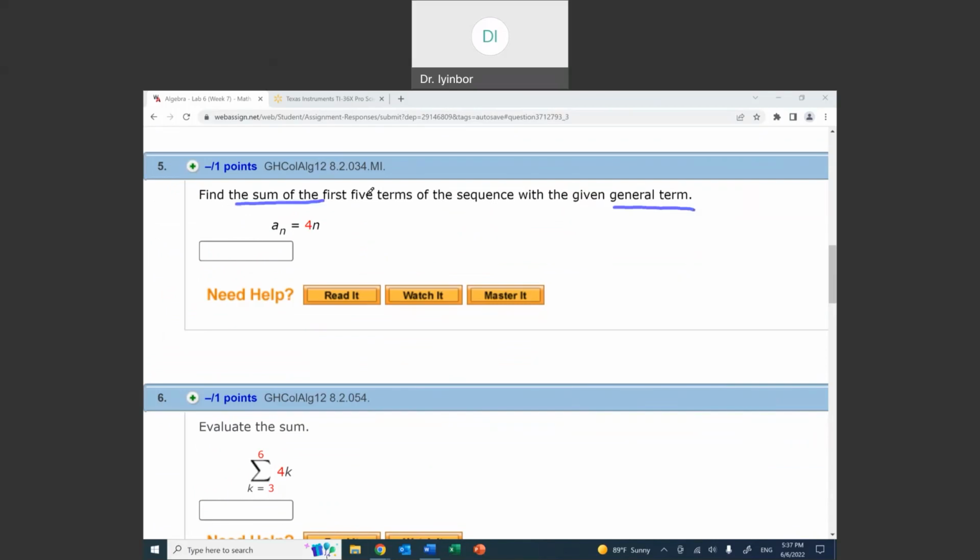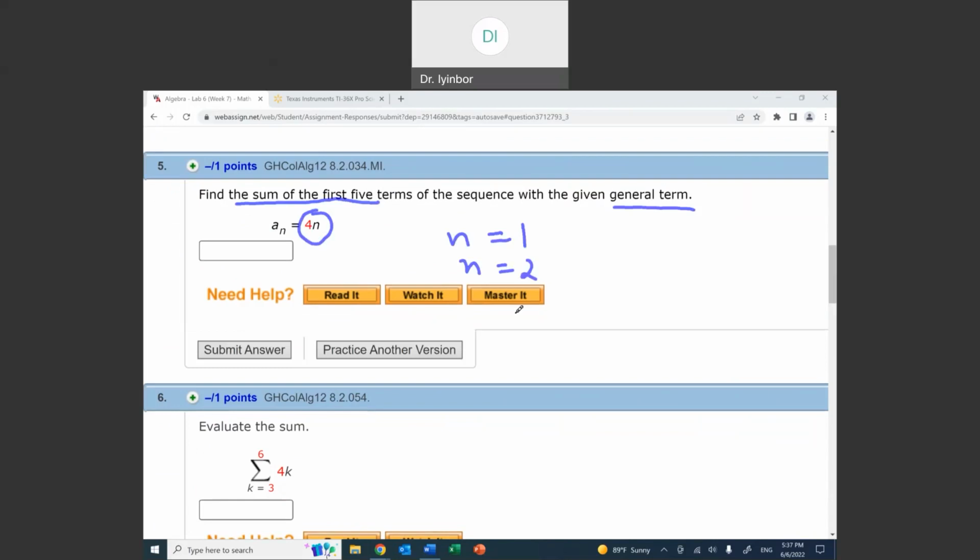So this is the formula. An equals 4n. So what that means, the first 5, that means n is going to be 1, 2, the first 5 numbers technically, 3, 4, and 5.